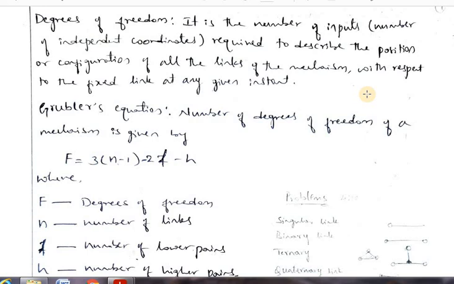By knowing the degree of freedom, one can predict the motion of the mechanism. So if you have four links in a mechanism, by knowing this degree of freedom you can predict its motion, and you can constrain the motion of any of the elements to have a definite or required motion of the mechanism.